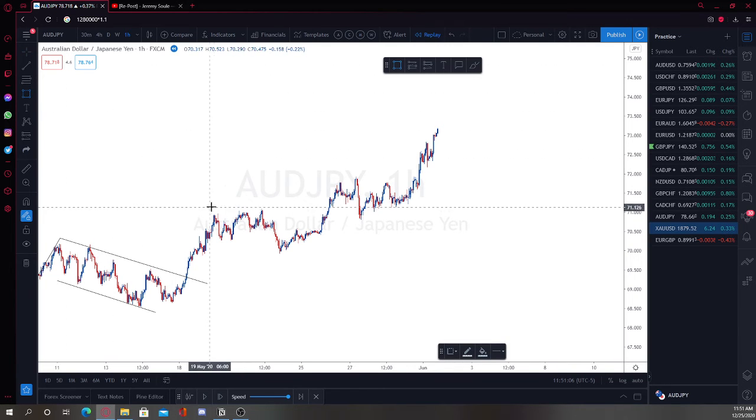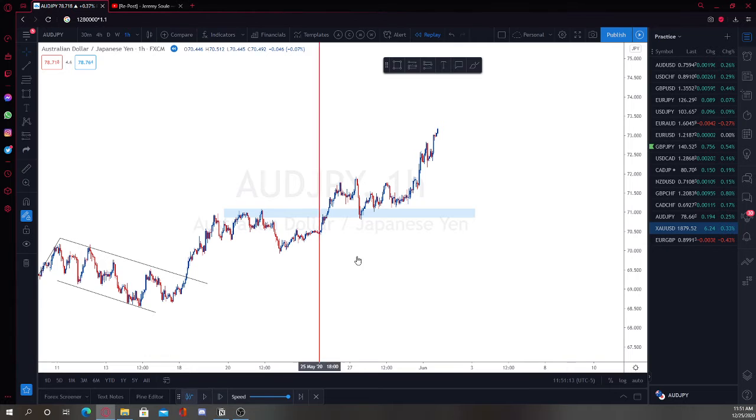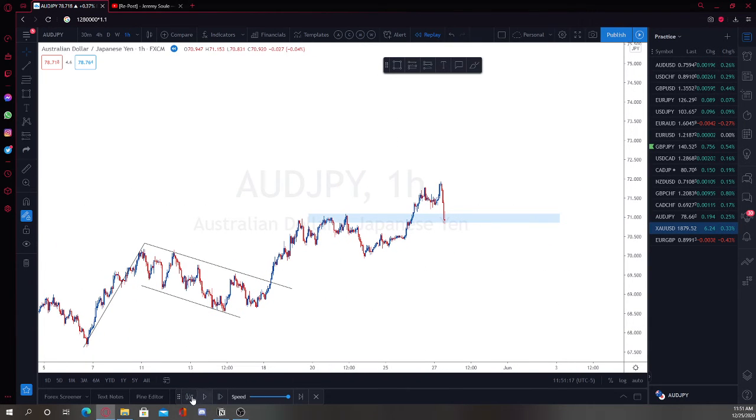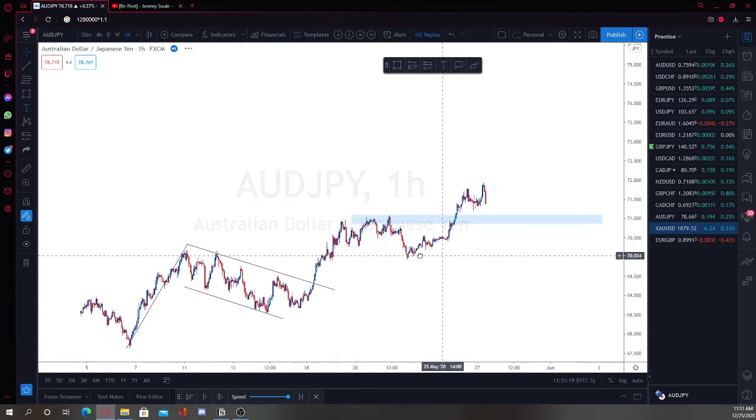Let's go to this one since it's right in the middle. We saw price came down to this point. Or let's rewind. Let's say we're waiting for price to get down to the zone, waiting for a corrective pattern to form and price to get down to the zone.